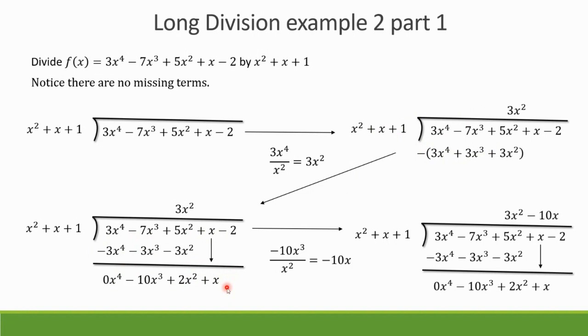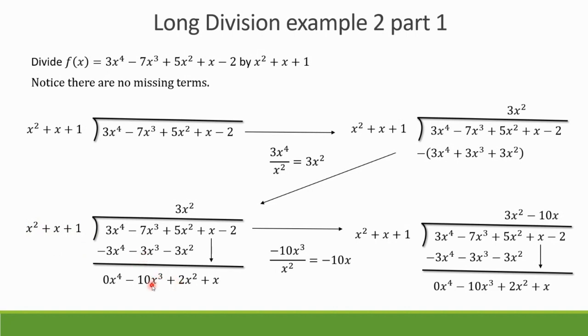And then we repeat the process. Why do we repeat it? Remember, if this difference has degree equal to or bigger than the degree of the divisor, you keep going and repeat the process.